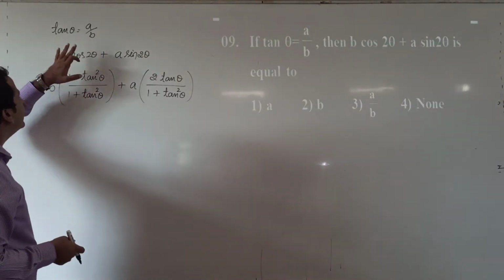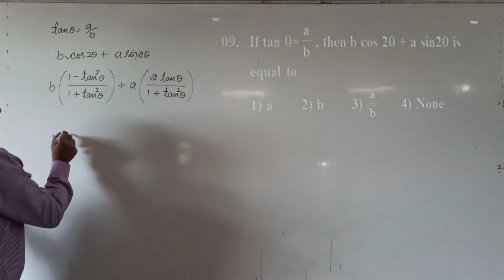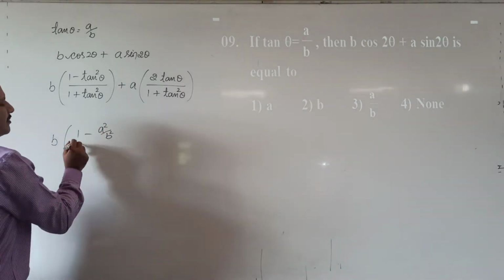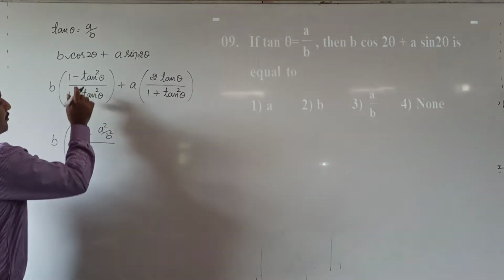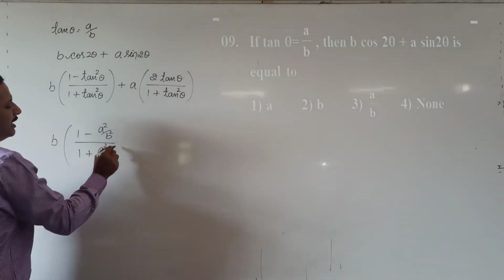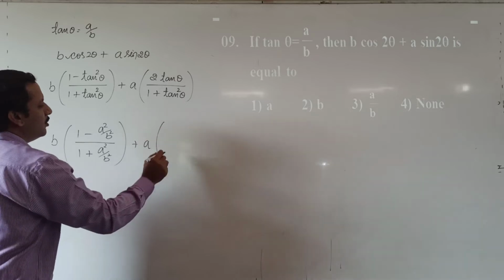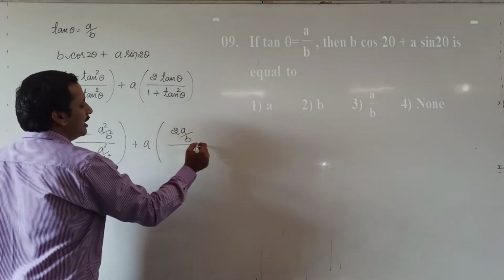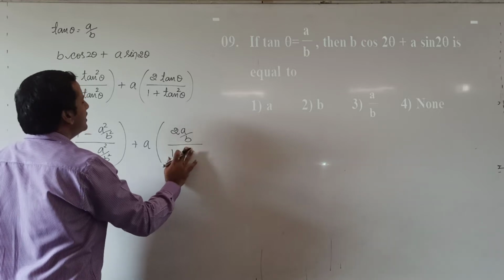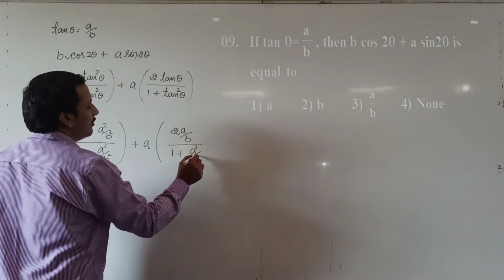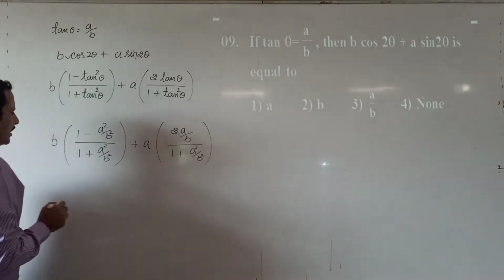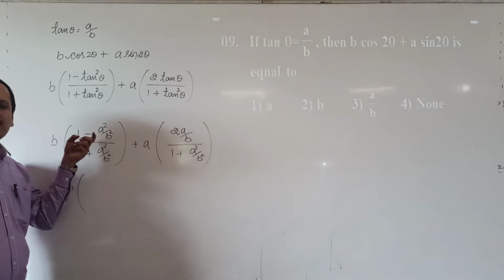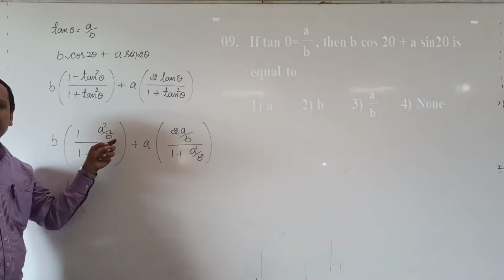Now in place of tan theta, I will substitute a by b. b into 1 minus tan square theta, that will become a square by b square, divided by 1 plus a square by b square, plus a into 2 tan theta, that is 2a by b, divided by 1 plus a square by b square. Okay, so b into, I will take LCM here, b square is the LCM, b square minus a square divided by b square.